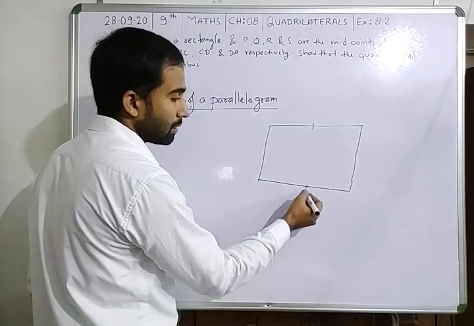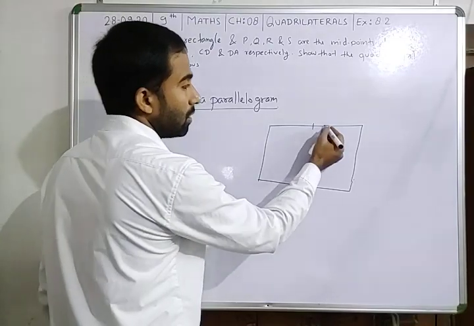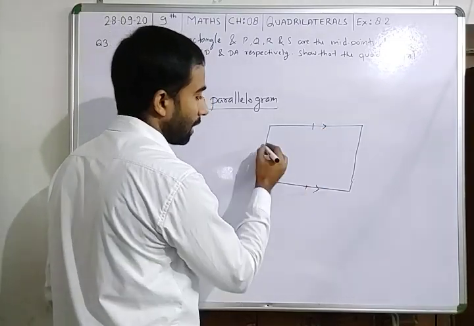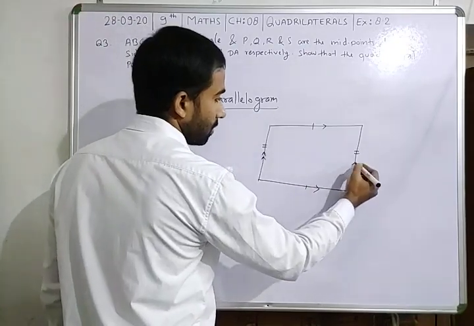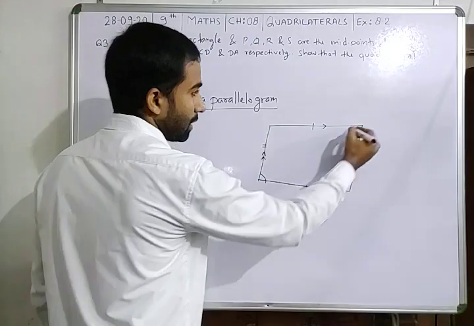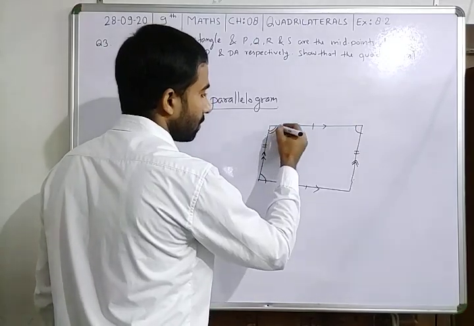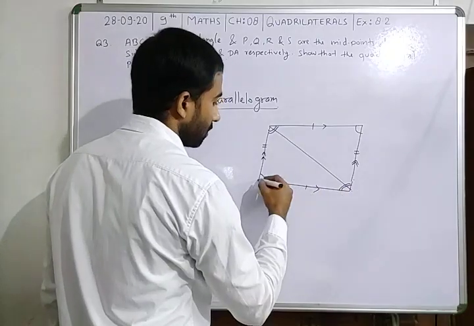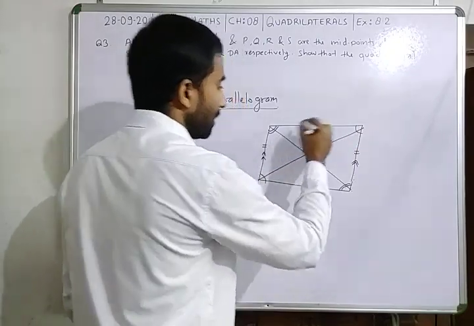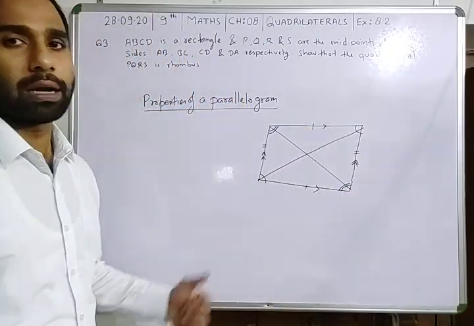Opposite sides are equal, opposite sides are parallel, opposite angles are equal, diagonals bisect each other. These are the properties of a parallelogram.